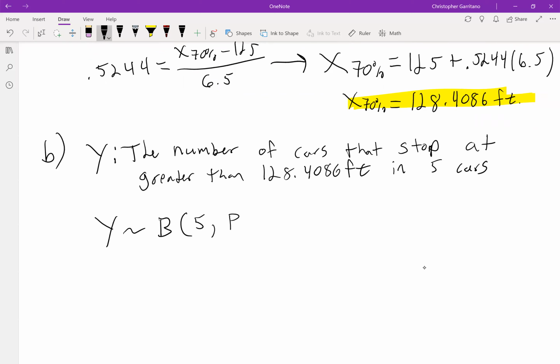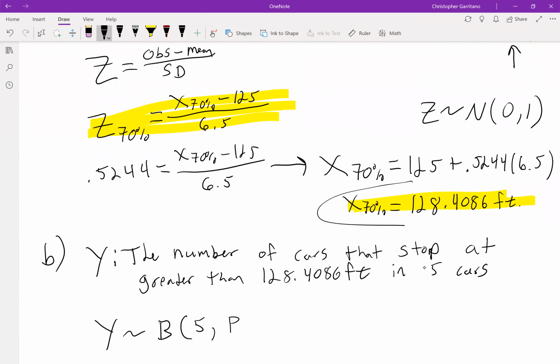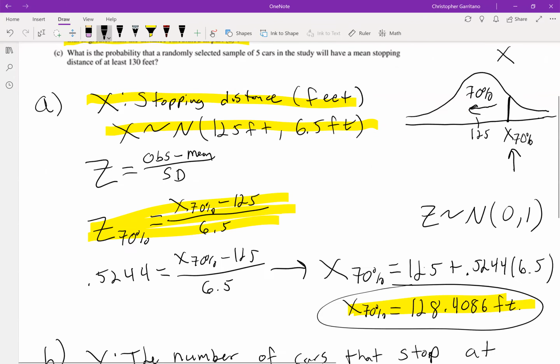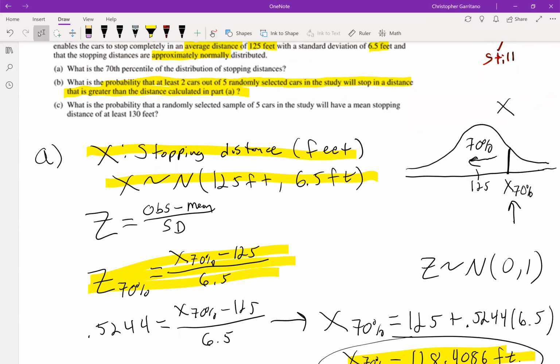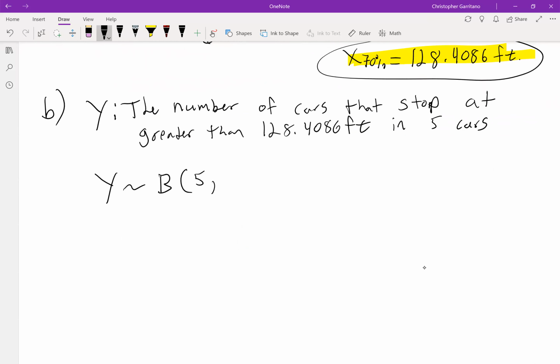Well, what's the probability of success here? Or in other words, what's the probability that any individual car stops at greater than 128.4086 feet? Well, going back to part A, this value that we found is the 70th percentile. What does that mean? Well, that means 70% of the values are below it, which in turn means 30% of the values are above it. So the probability of success is going to be 0.3.